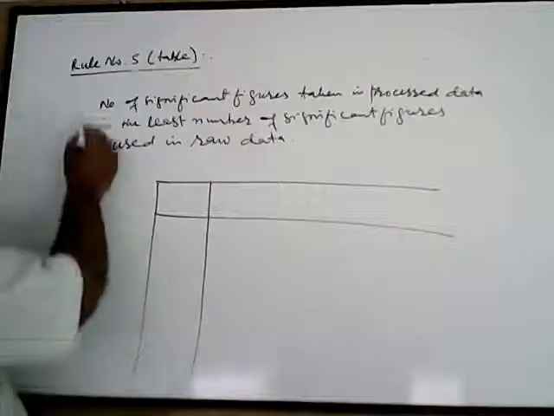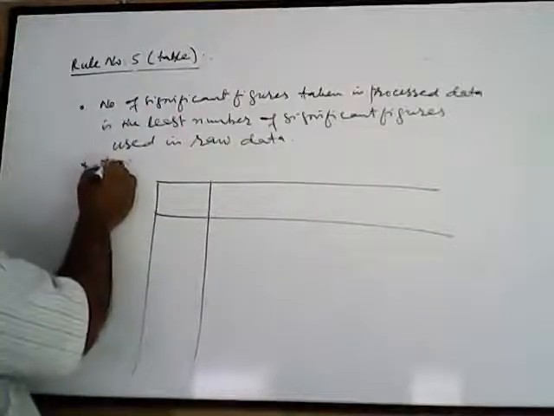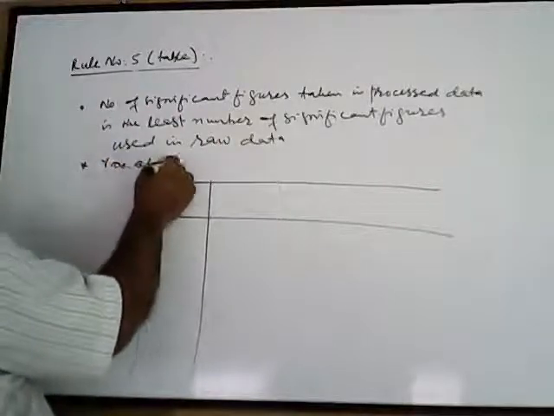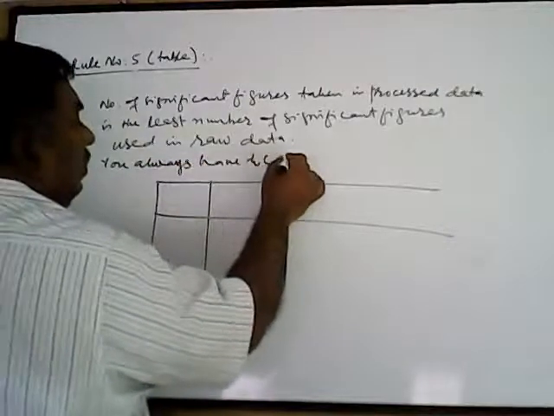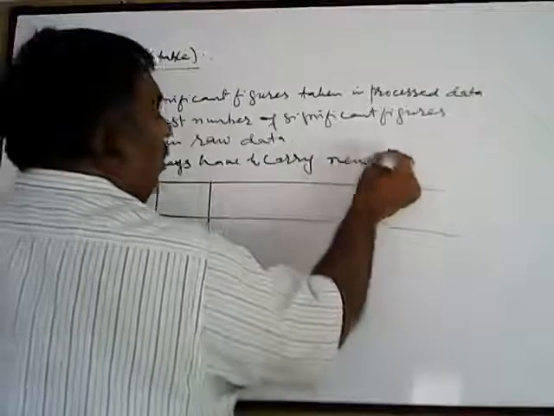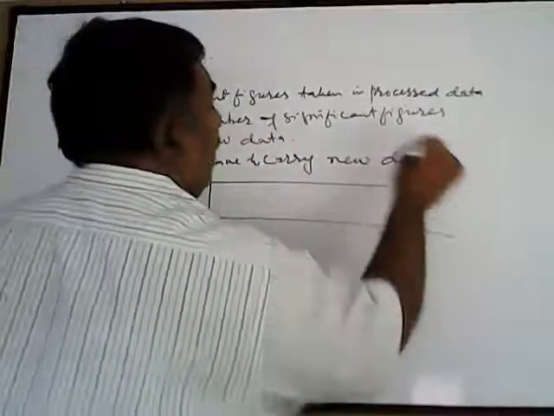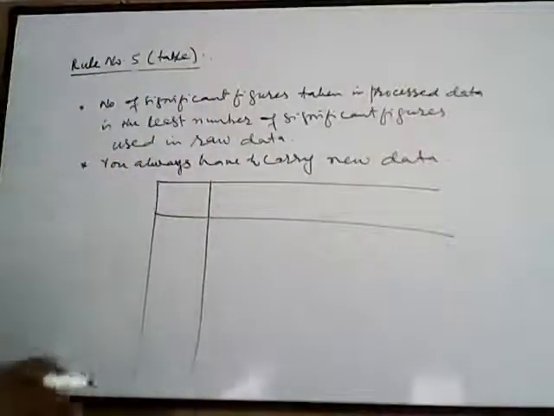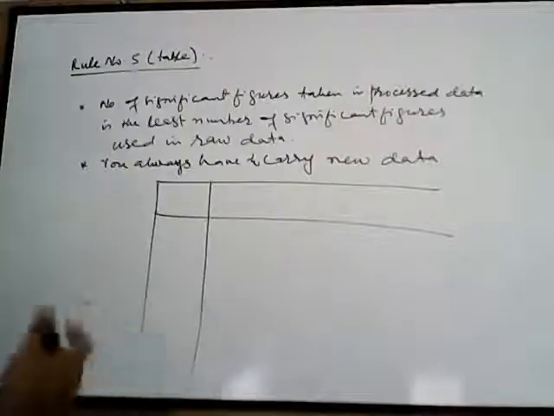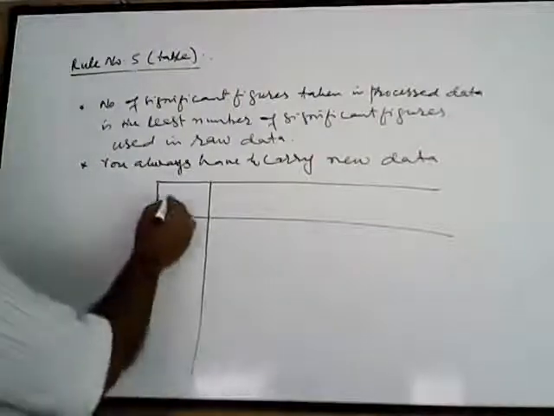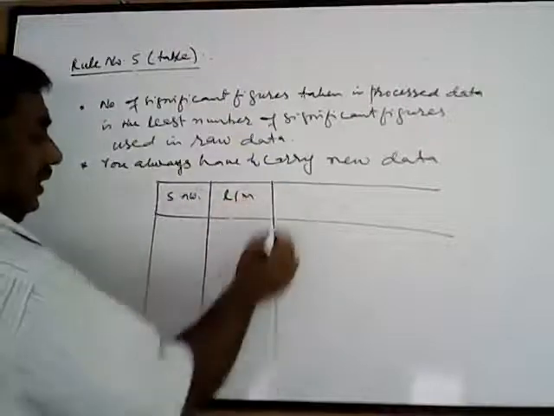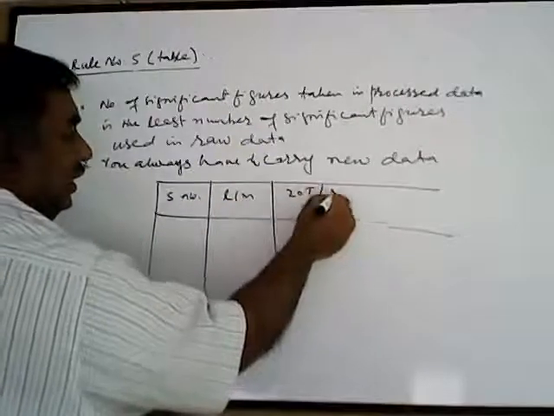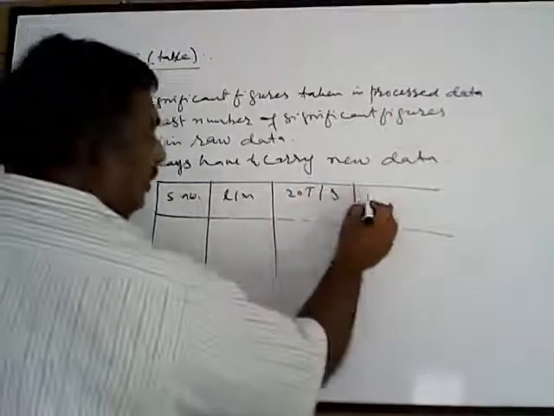You always have to carry new data for new things. You are not supposed to use the old one. Whatever you have rounded off, you have to take that one. Suppose this is the serial number, this is L in meters, and this is t in seconds.